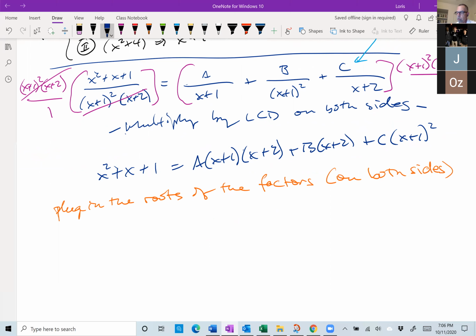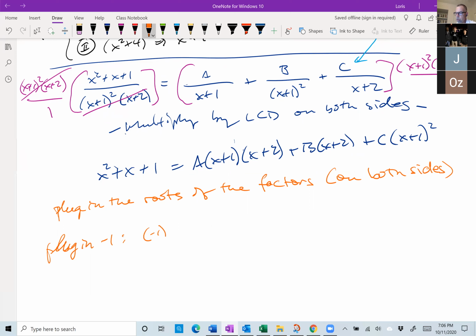All right, so here we go. On the right, you see that -1 will make that one 0. So I'm going to plug in -1 on both sides.